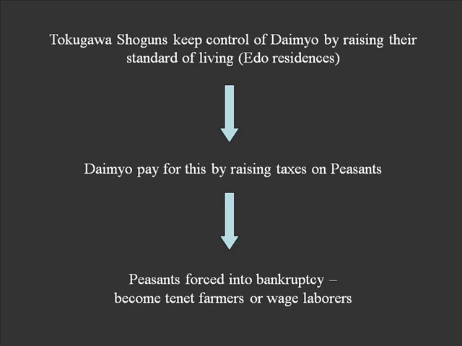When they start getting attacked economically by the government, who raises their standard of living by having to have all these mansions in the capital and whatnot, the daimyo will pay for this by raising taxes on their own peasants in their own regions. Therefore, they slide the payment downward and have the lower class pay for the increased living standard.